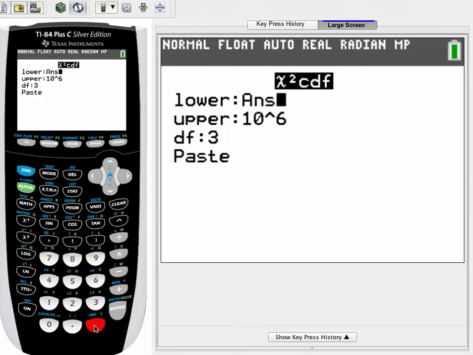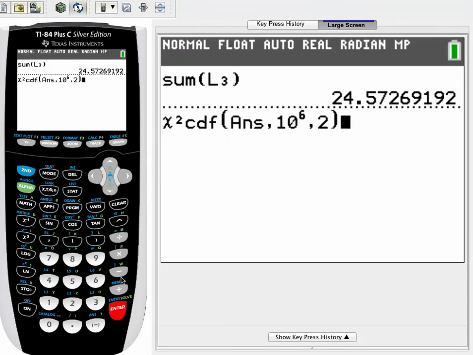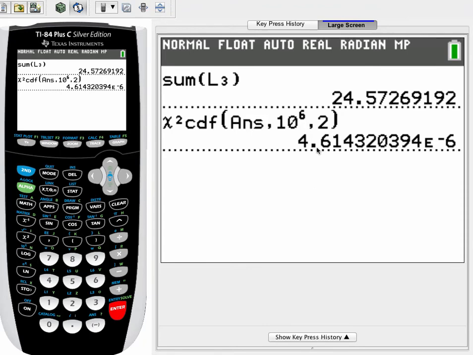So I'm going to do second answer, and it's going to populate it with that. Then we have a big number, and we had 2 degrees of freedom here. Make sure that that was the last thing that you computed so that it does go into answer. And this is our p-value, 4.6, etc., times 10 to the negative 6.